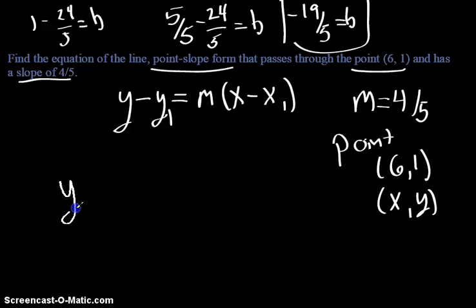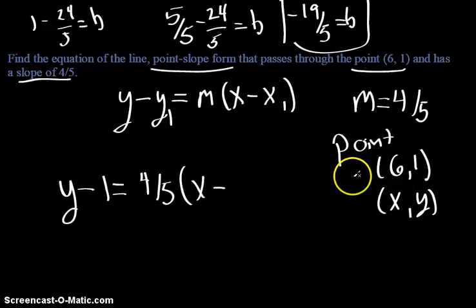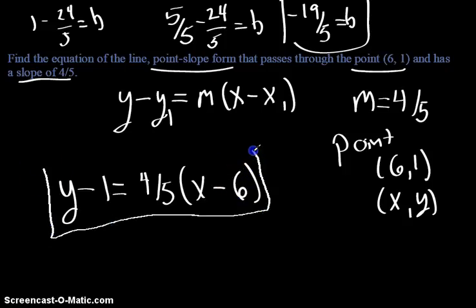So our new equation is going to be y minus, my y value from over here is 1, so y minus 1 equals, my slope from here is 4/5, so 4/5 times x minus, and my x value from here is 6. We're done. It asks for it in point slope form, and this is point slope form. So it seems like it's harder, but it's actually easier because you're done. All right, we'll go through and try a couple problems like that.